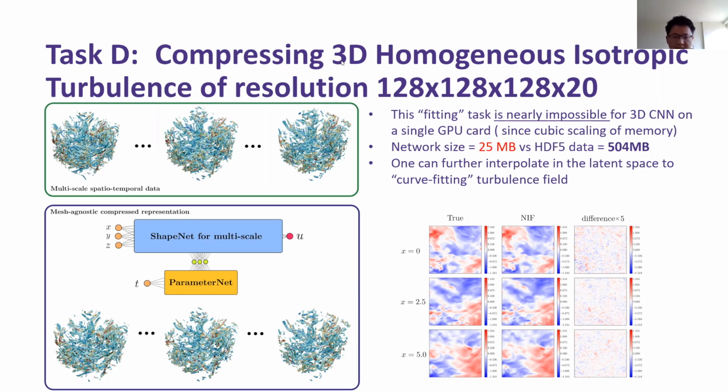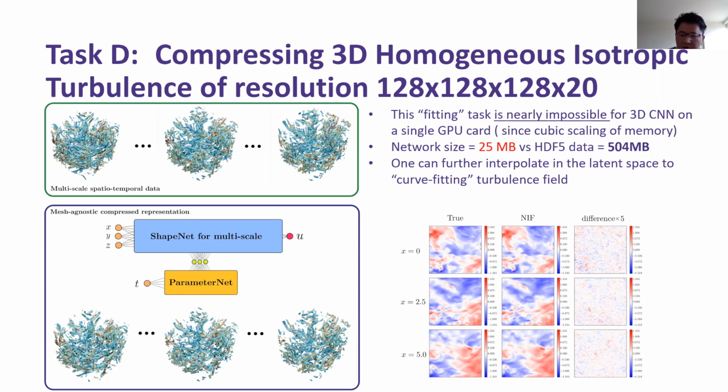I throw the data into the model, and at the end, the model is just a bunch of parameters in the ParameterNet. Compared to the original HDF5 data, the network is basically 20 times smaller.